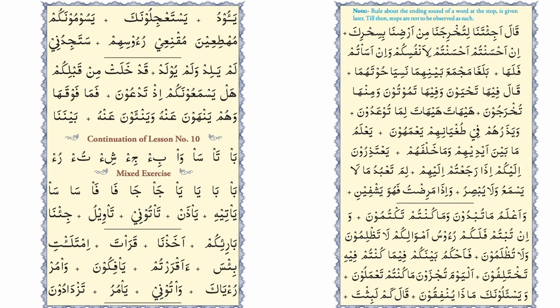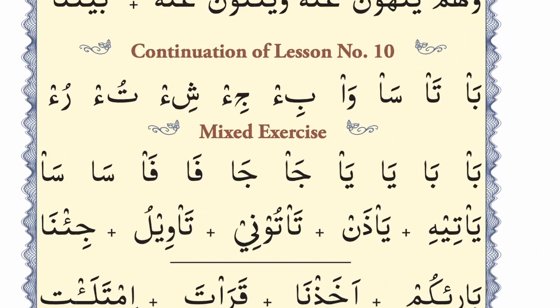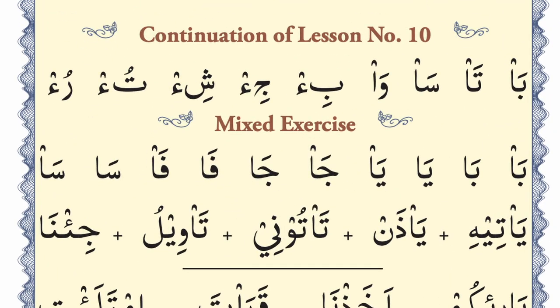Anyhow, in the middle of this page, there is another thing which is taught here: if any letter has fatha and after that you meet an alif, but that alif is not blank, it has jazm, then you will not prolong this fatha or this letter. You will read like this: ba, ta, sa, wa.